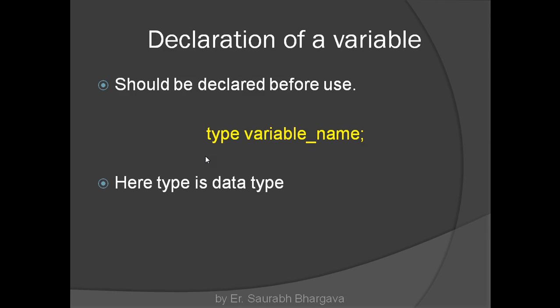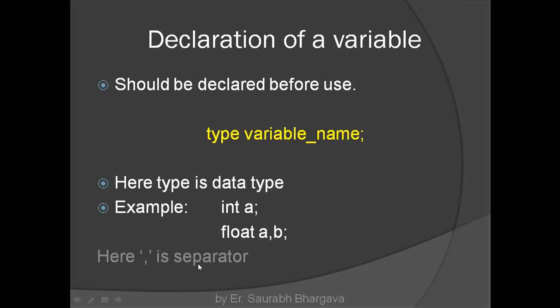Here type is the data type. For example, int a. Int is the data type and a is the variable name. Float a, b. Float is again the data type and a and b are two variables. Comma is a separator.